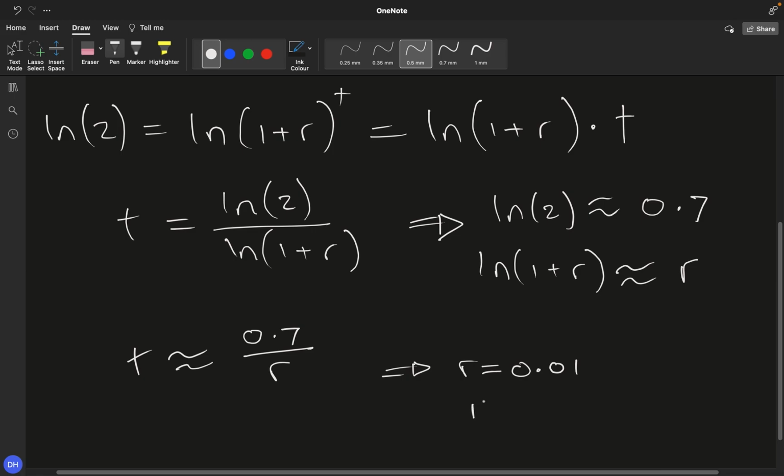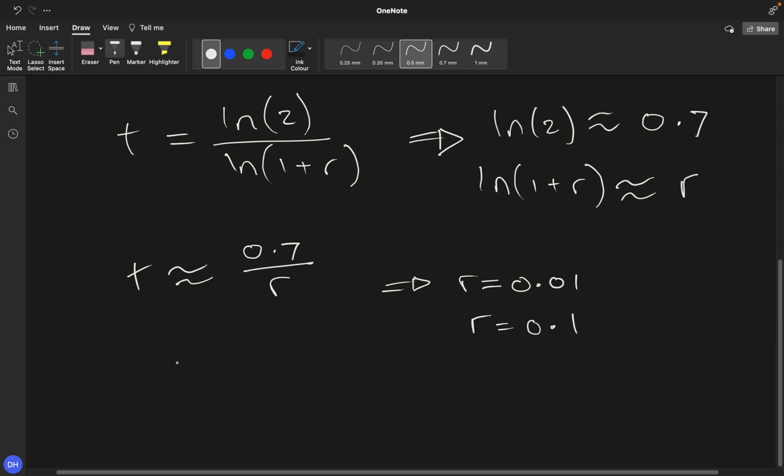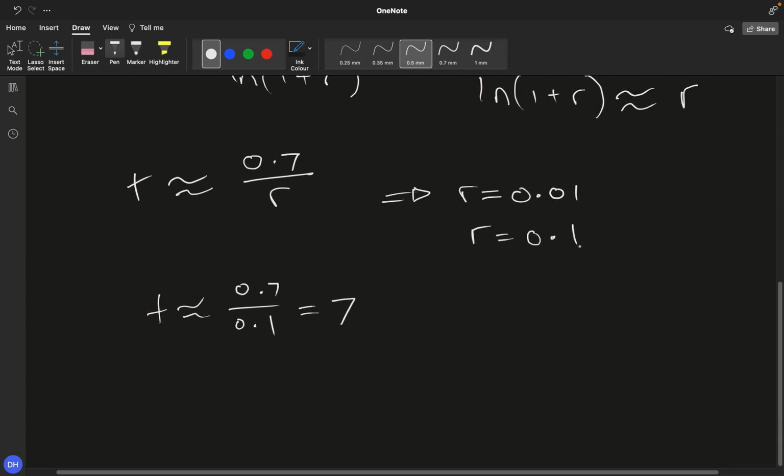So like if r is 10%, our approximation tells us that it will take 7 years for our investment to double. But because r is quite big here, 10% is quite a big number, it's actually less accurate.